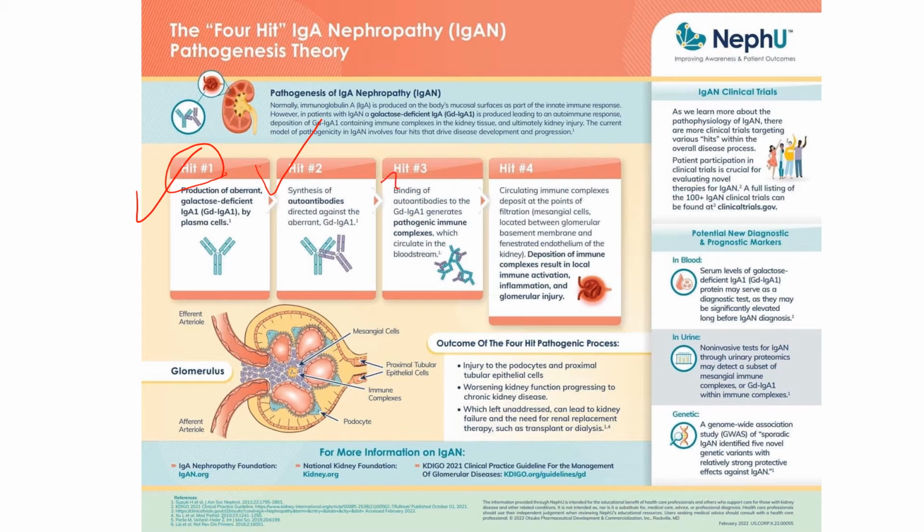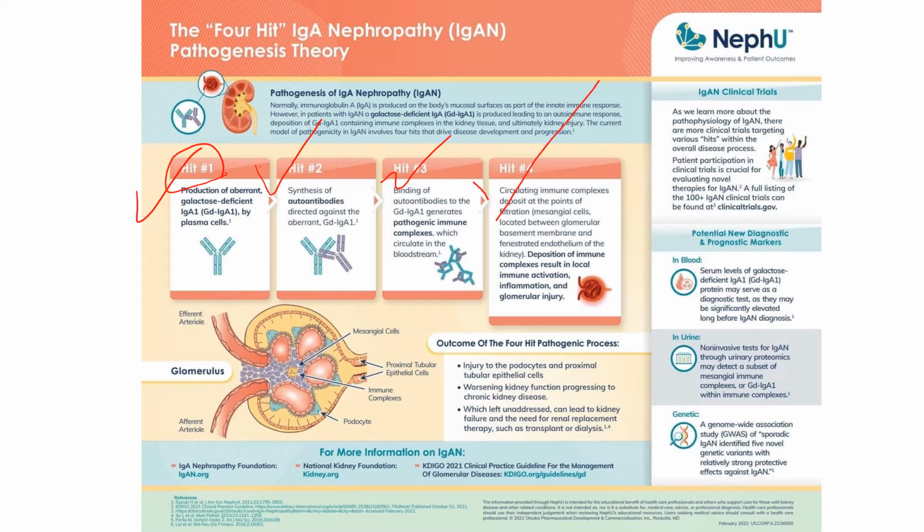Then both of them, antigen and antibody, will circulate in the bloodstream. Then this immune complex will be finally trapped by the kidney, the glomerulus, causing local inflammation, local activation of the complement, and local inflammatory mediators, causing finally glomerular injury.